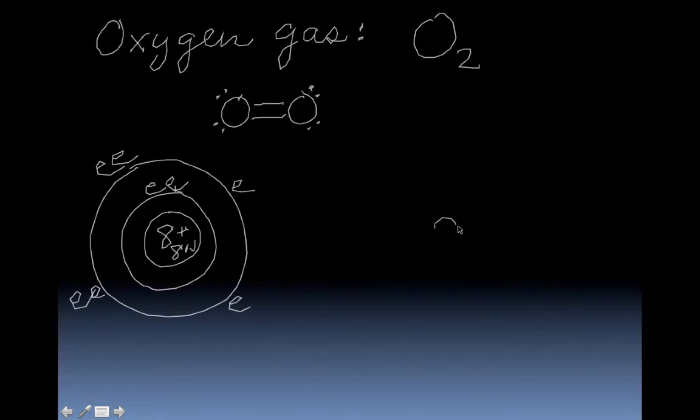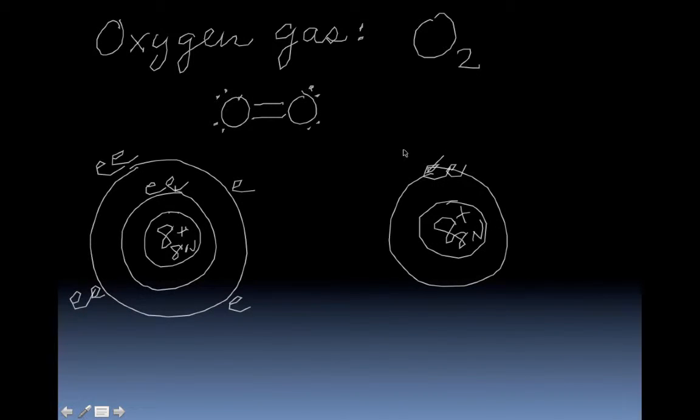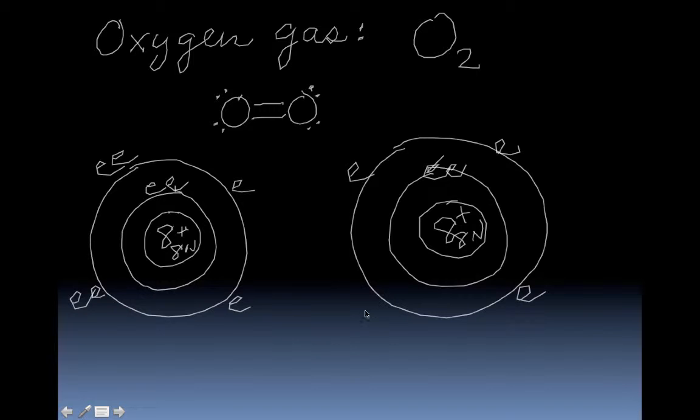We'll draw one more oxygen atom with 8 protons, 8 neutrons in the atomic nucleus, 2 electrons in the first electron shell orbital, and the remaining electrons are in the 4 orbitals that are found in the second electron shell.